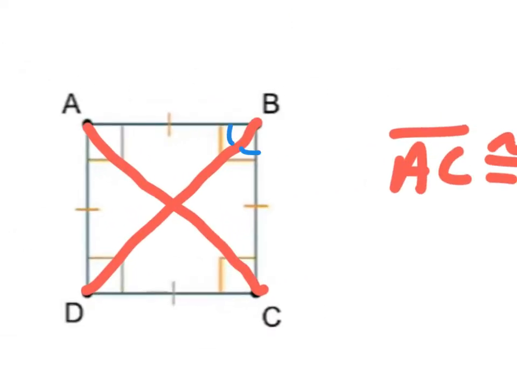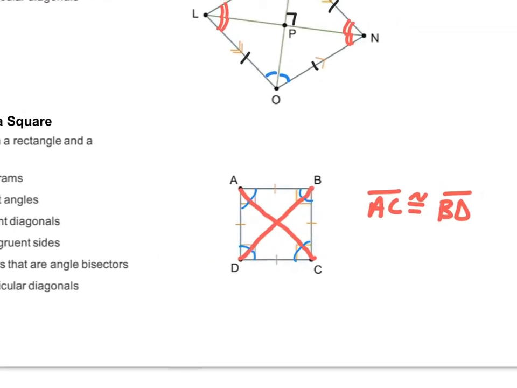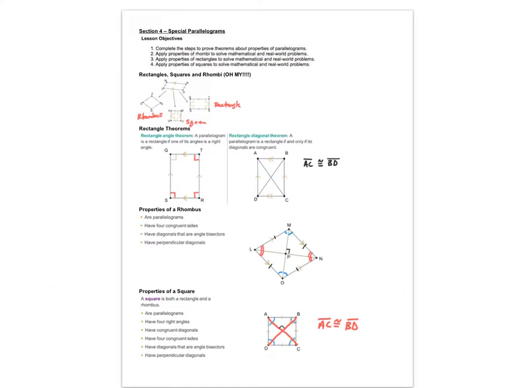I'm going to come in here and bisect all those angles, okay? And then we also know that they have perpendicular diagonals. So we can also come in here and say that these lines are perpendicular. So, not a whole lot of actual notes, just a lot of information on these.